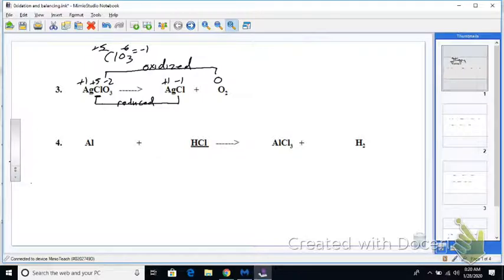Rust. If something rusts, like iron rusts, that means it's oxidized. It means that it goes to a different, higher charge. Okay? So off to the side, I don't know where you want to put this, these are just real simple notes. Oxidation and reduction.